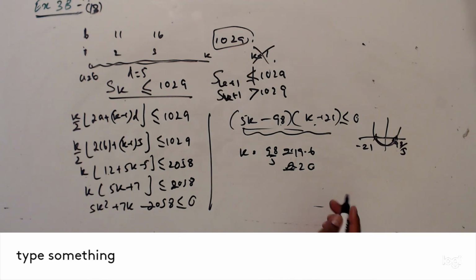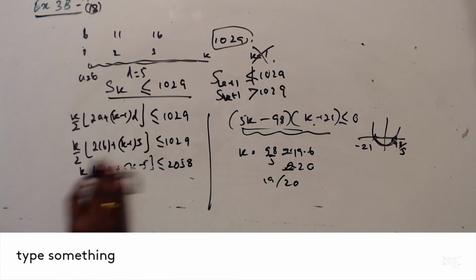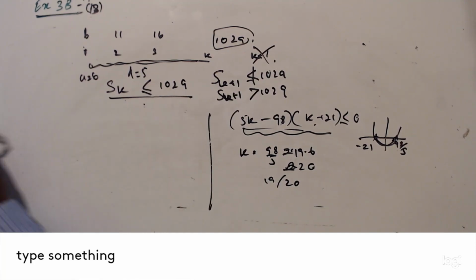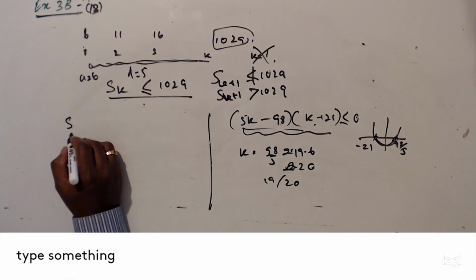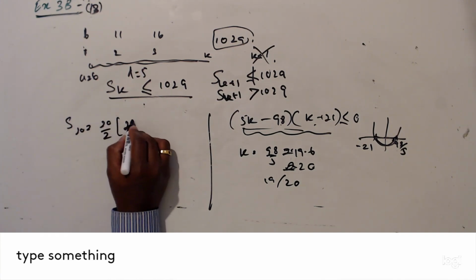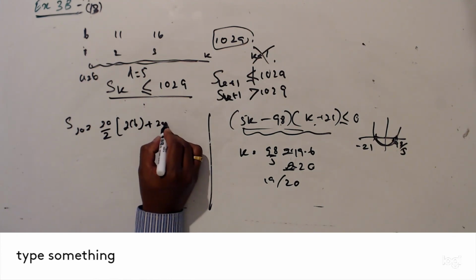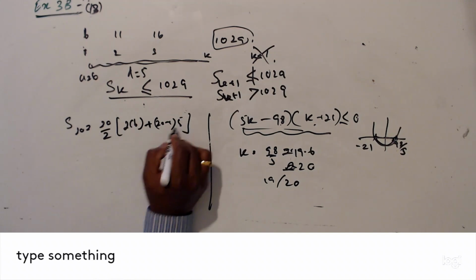Actually we have two options, 19 and 20, so we have to check. S20 equals 20 over 2, 2 times 6 plus 20 minus 1 times d, which is 5.